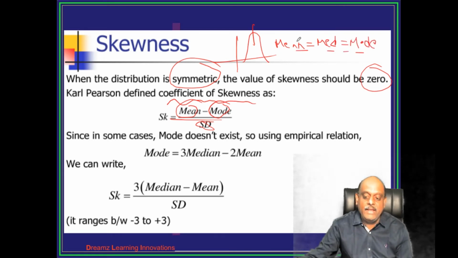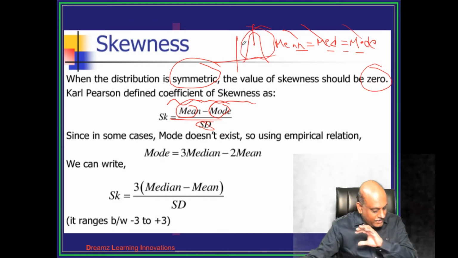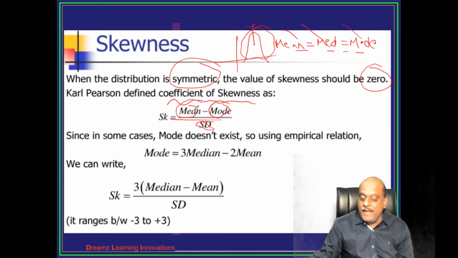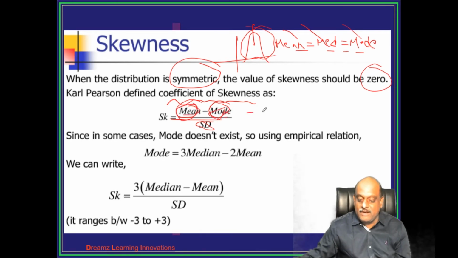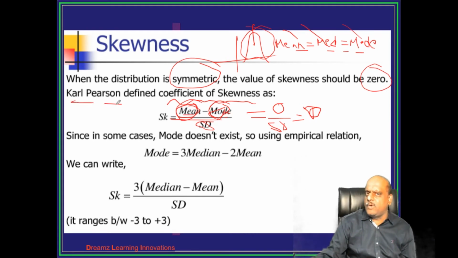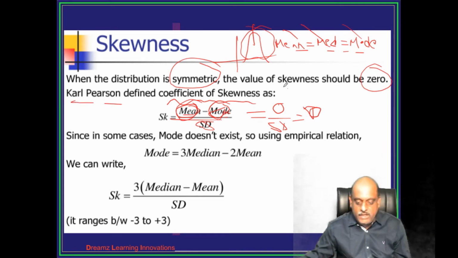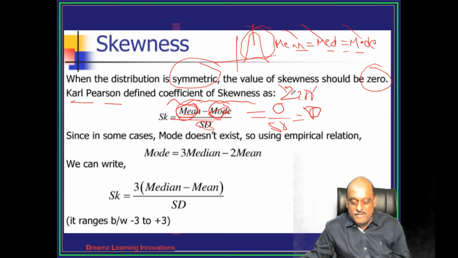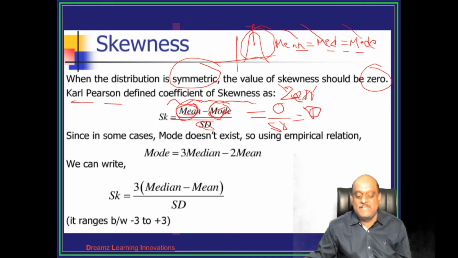All the three will be equal values in a normal distribution. So mean minus mode, both of them are equal in a normal distribution curve. That's the reason it becomes 0. So in a normal distribution curve, the Karl Pearson coefficient is 0. Oh my hero, it will be 0.